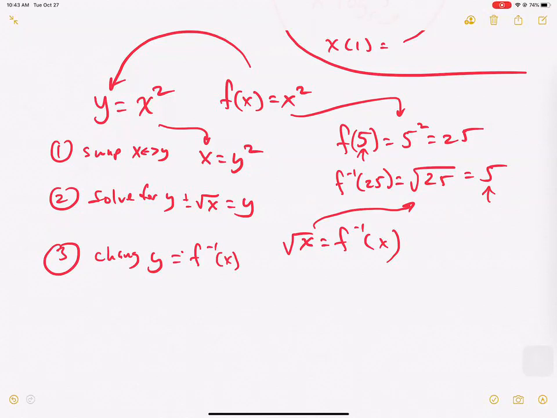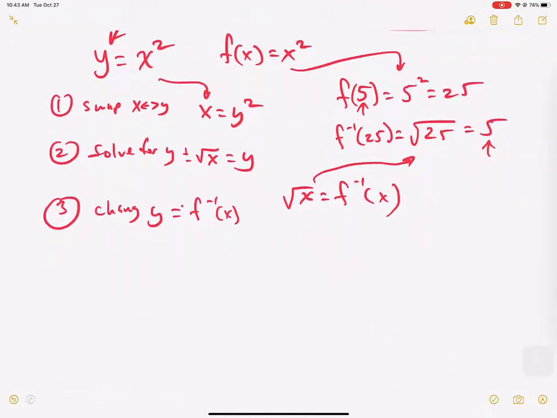Okay. Now, today, what we're going to do is take the derivative of inverse functions. We essentially are going to take the derivative of an inverse function.